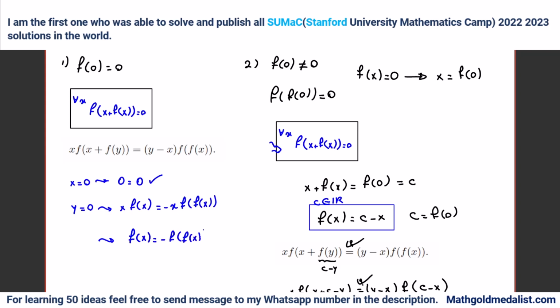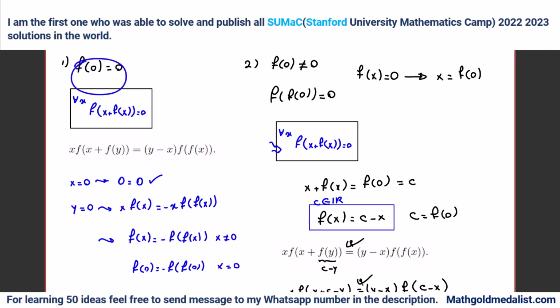And then this is one solution. But under what condition? Under the condition x is not 0, because if x is 0, you cannot cancel x. But if x is 0, if we check this condition, it would be f of 0 equal to negative f of 0.